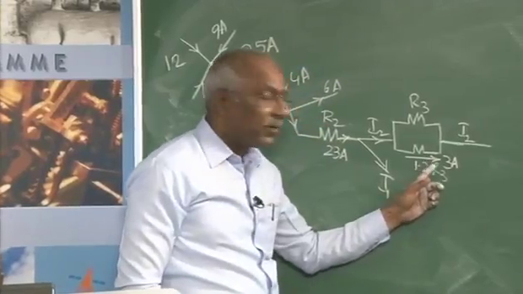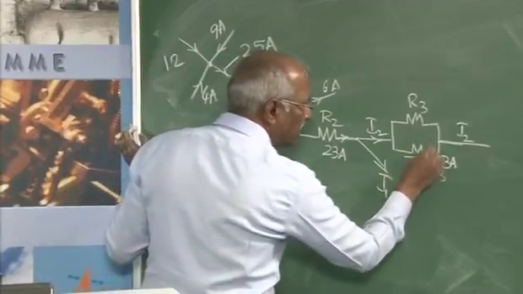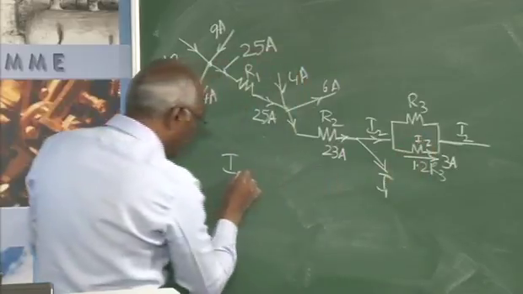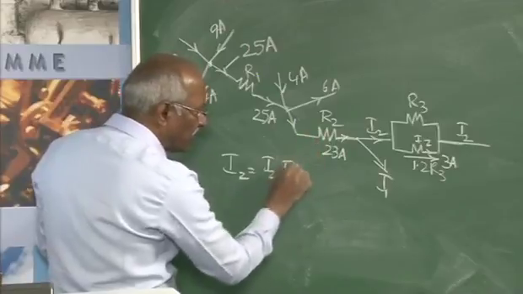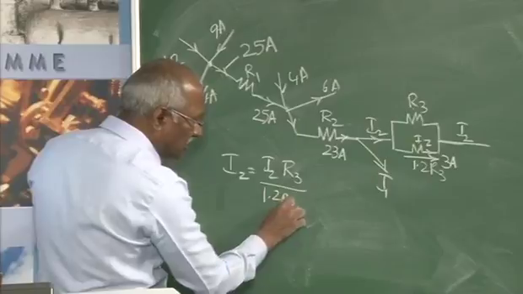If I write this current as Iz, Iz will be equal to the total current I2 into the resistance of the opposite branch, that is R3, divided by the sum of the two resistances.